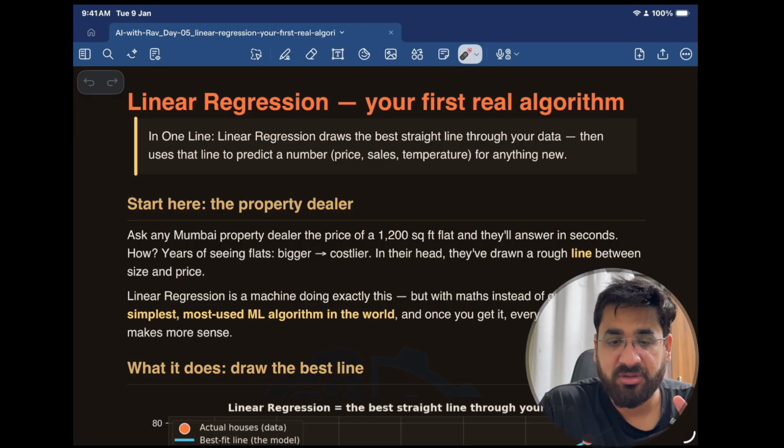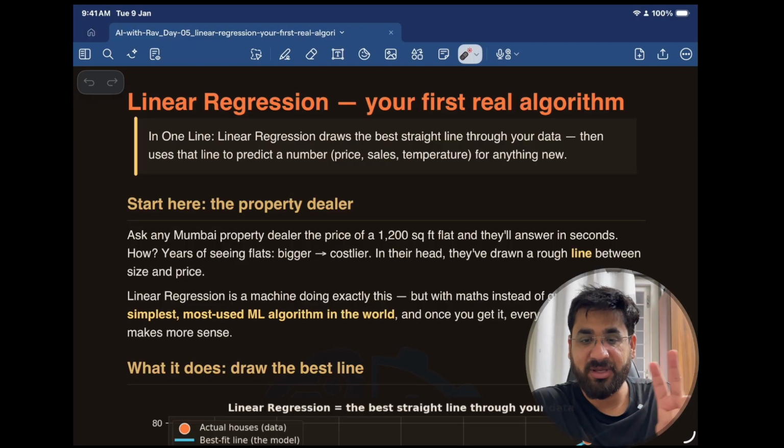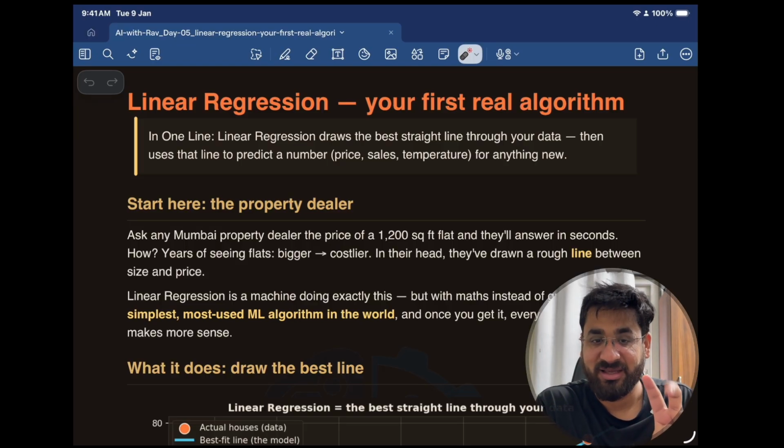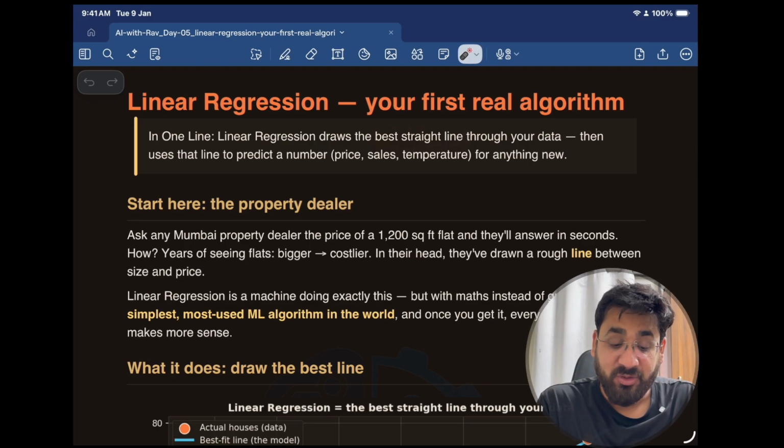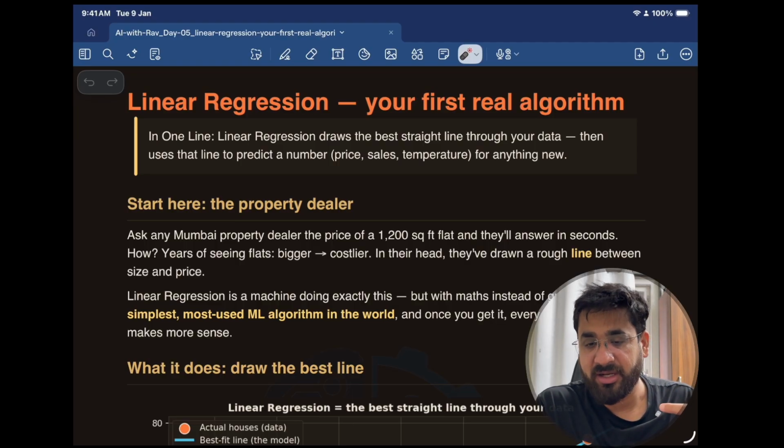If you remember two things, you can see my hand right now. Yes, two things. First, it draws the best straight line through your data, and the second is to predict the number. Whenever in real life you get a situation where you need to find a number, the first thing that should come in your head is linear regression.